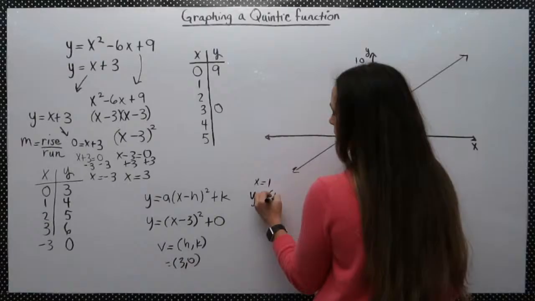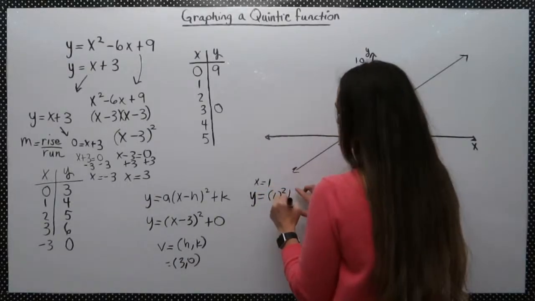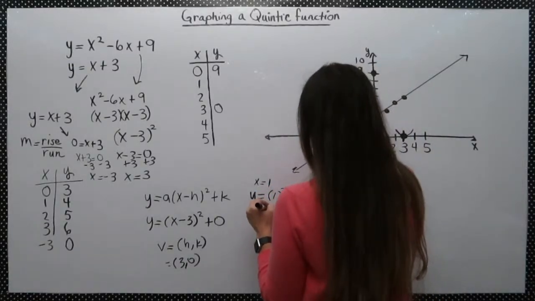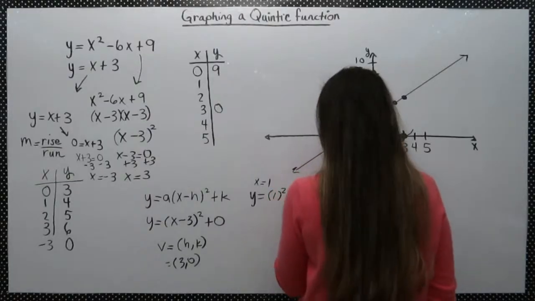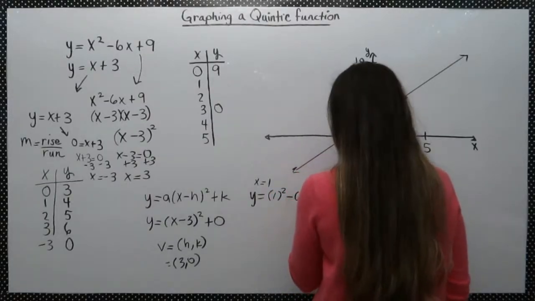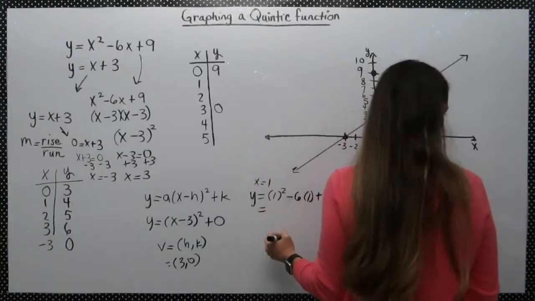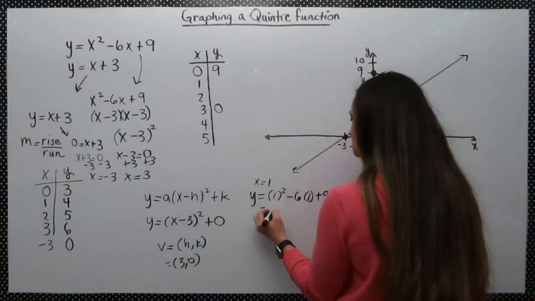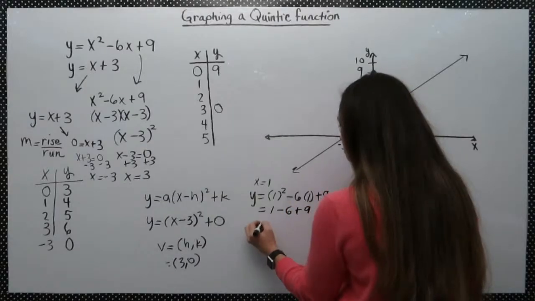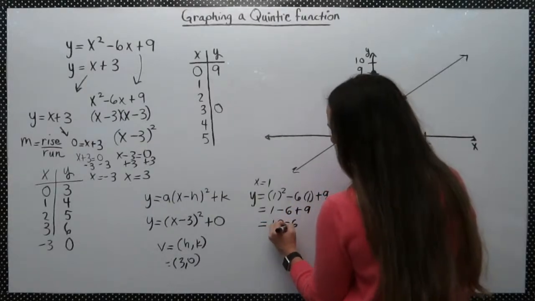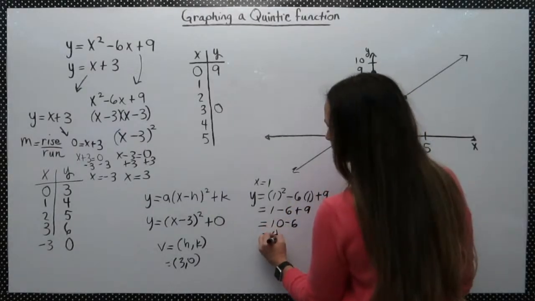So we have 1 squared minus 6 times 1 plus 9. So that is 1 minus 6 plus 9. So 10 minus 6, that's 4.